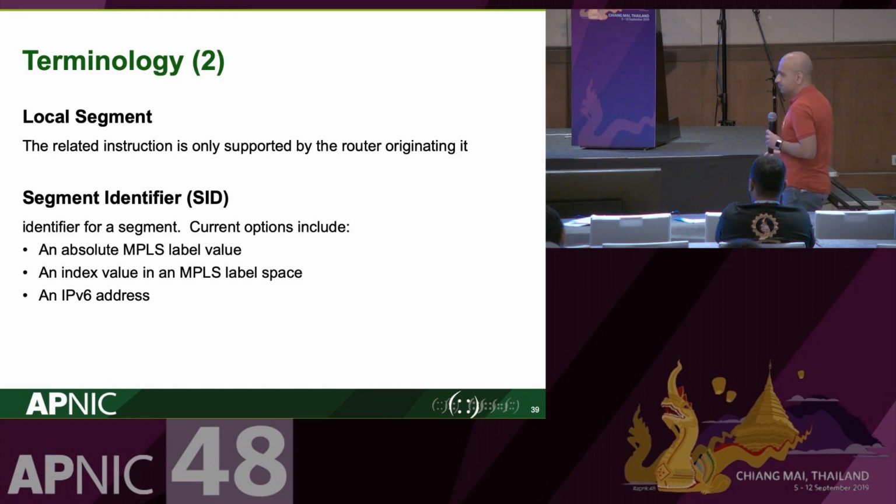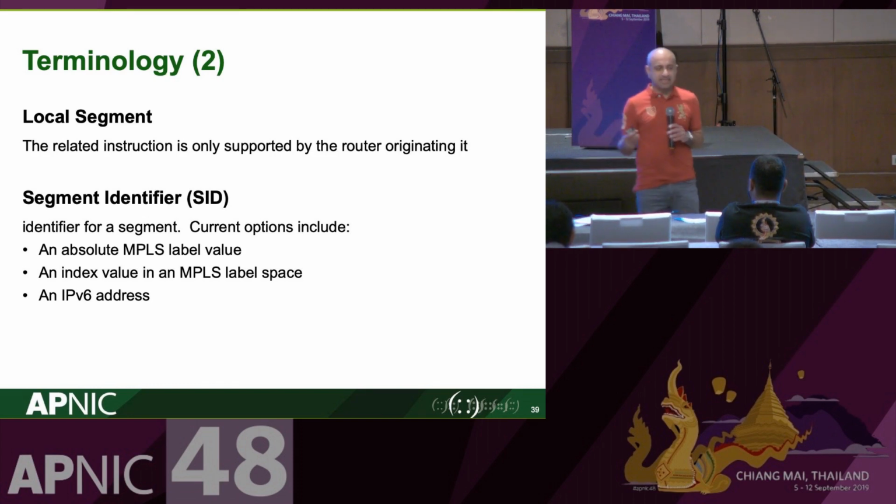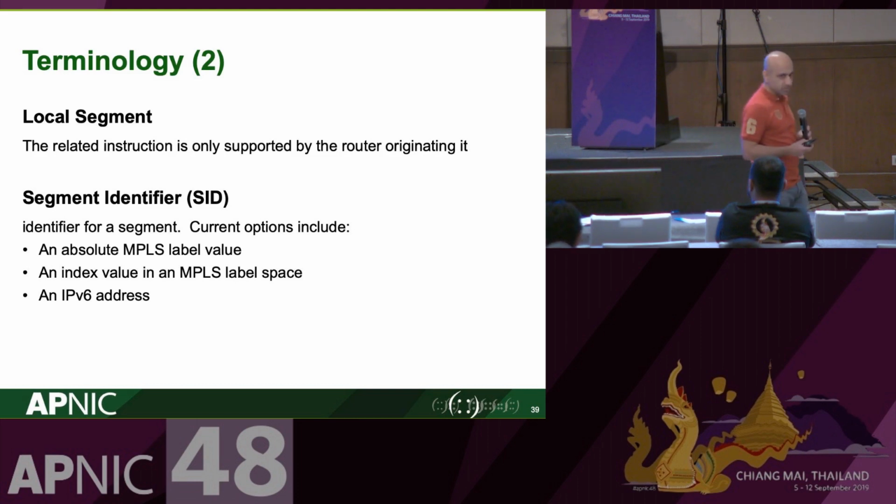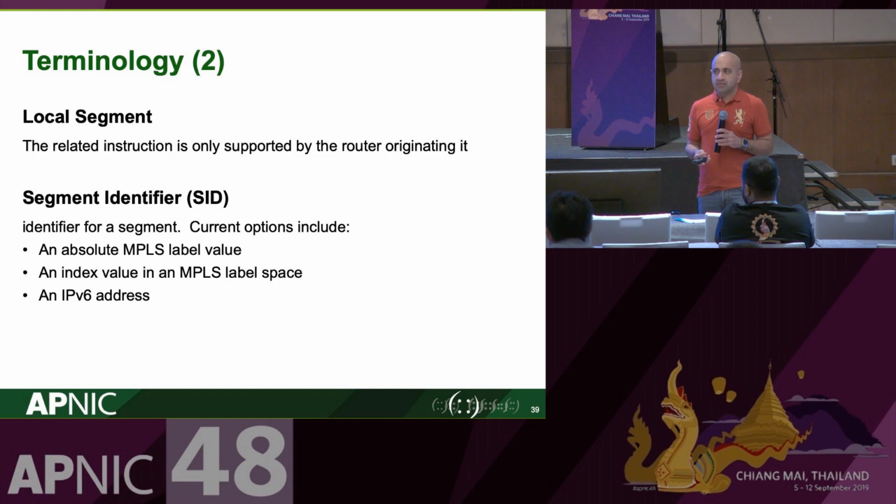Segment identifier. Now we looked at MPLS examples where the segment identifier was an MPLS label. It can get a little bit more complicated if you have environments with equipment from different vendors that do not all support the same segment routing global block.